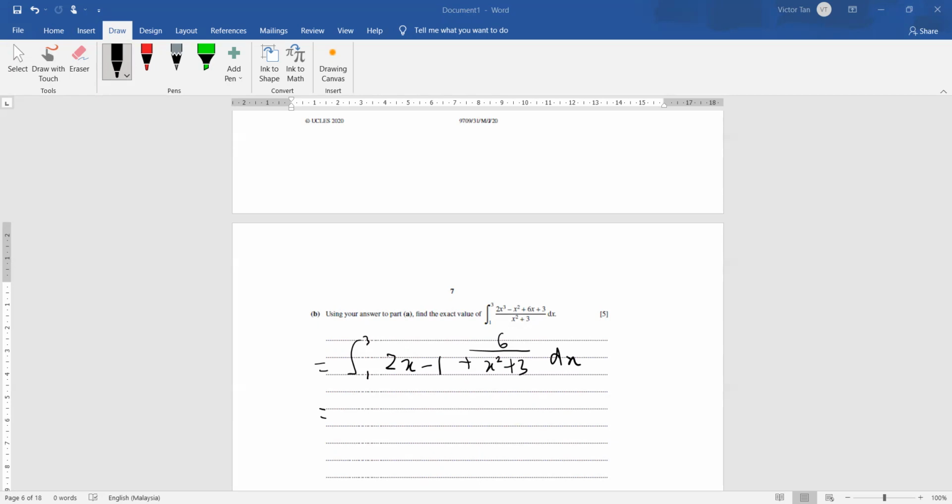1 over x squared plus a squared integrates to 1 over a arctangent x over a.